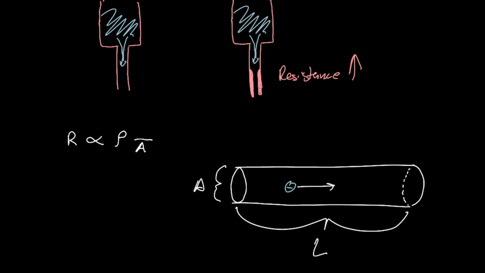Is that going to make the resistance go up or down? Well, it's going to make it go up, right? It's going to be harder if this little gap is longer than if it's over here and there's nothing there at all. So we're going to put L on top of this equation.